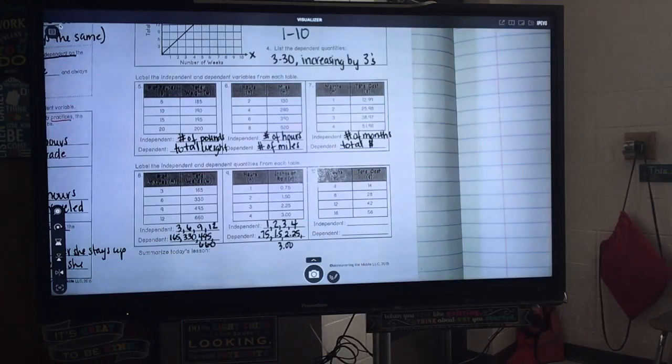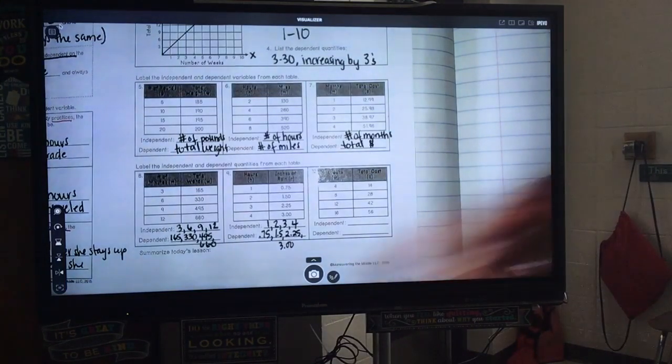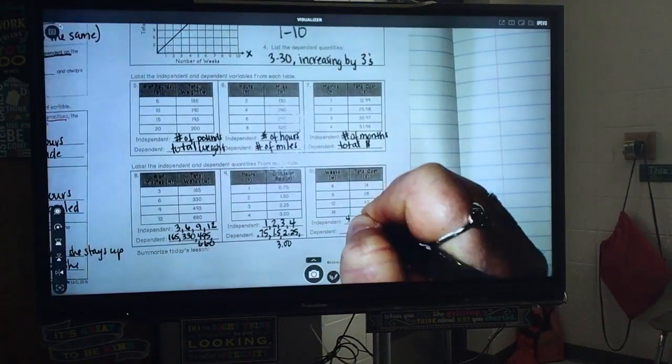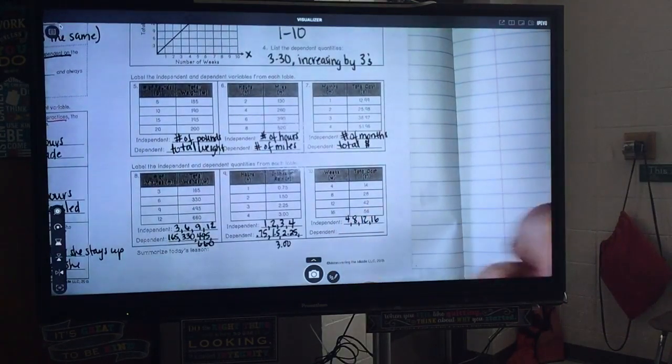I don't want the answer, I want to know which one is the independent, which one is the dependent. Okay, so knowing that it's the weeks, what numbers represent the independent? And which numbers represent the dependent?